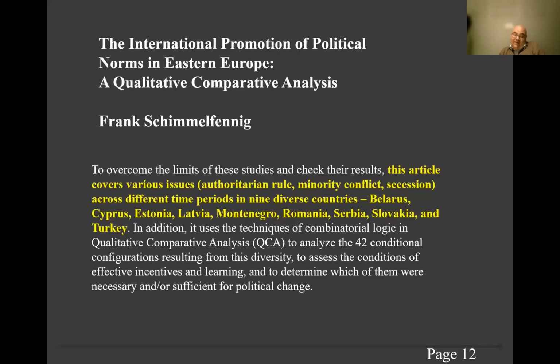Frank Schimmelpfennig compared 9 countries: Belarus, Cyprus, Estonia, Latvia, Montenegro, Romania, Serbia, Slovakia, and Turkey. Okay, 9 different countries. They are not similar to each other, but he tried to develop a model to understand commonalities between these factors.